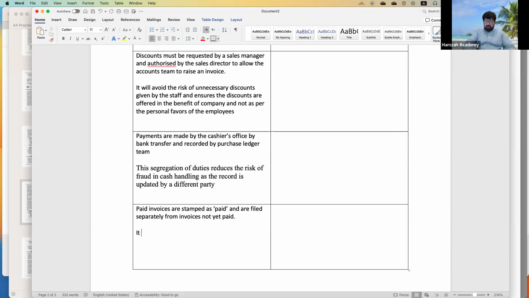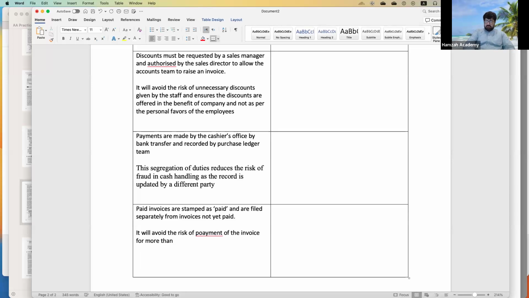So it will avoid the risk of double payment or payment on same invoice for more than one time. Yes, it will avoid the risk of payment of invoice.